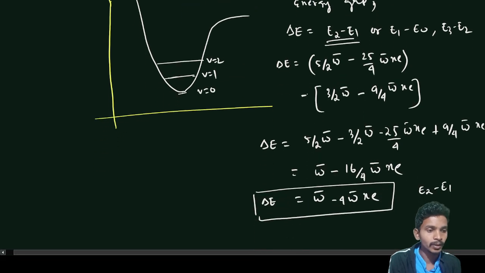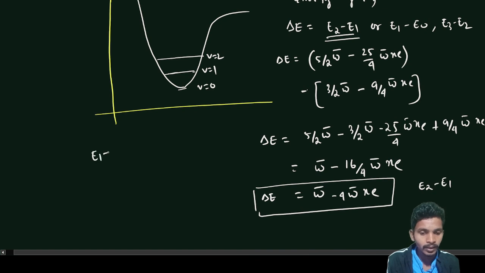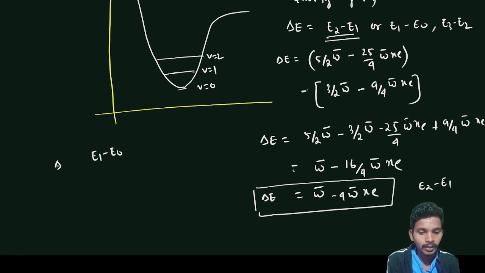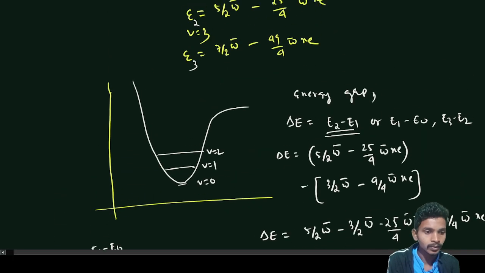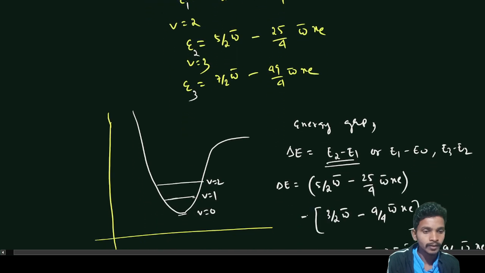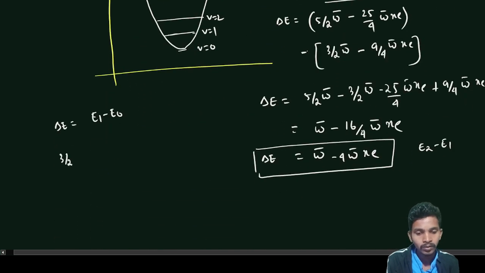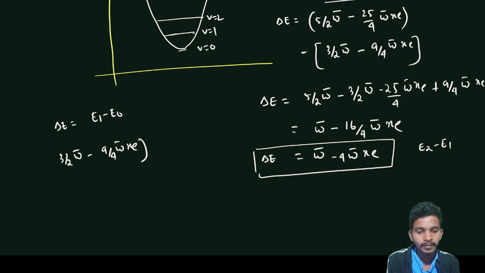Okay, similarly if I do for E1 minus E0, what value am I getting? E1 minus E0, delta E is, so E1 is 3 upon 2 omega minus 9 upon 4 omega xe, minus, for E0, that is 1 upon 2 omega minus 1 upon 4 omega xe.